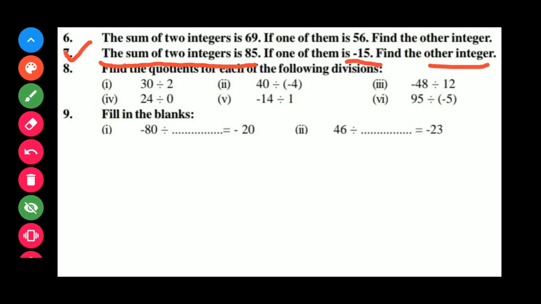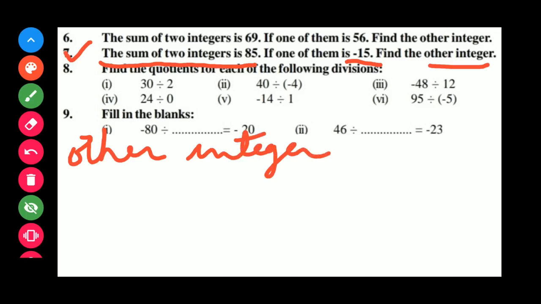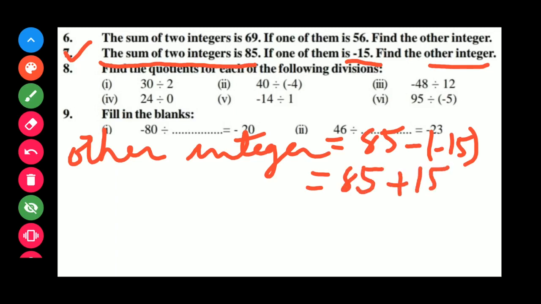So you can write, other integer equals 85 minus minus 15. So what will happen? 85 plus 15, and that is 100. And 100 is your answer.